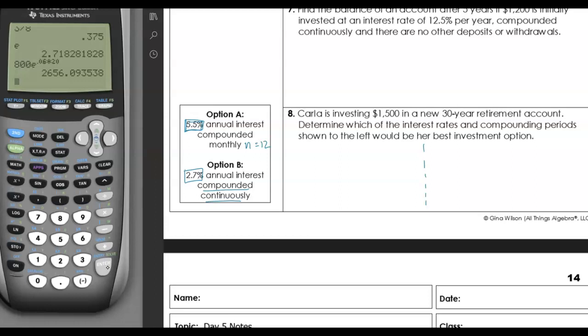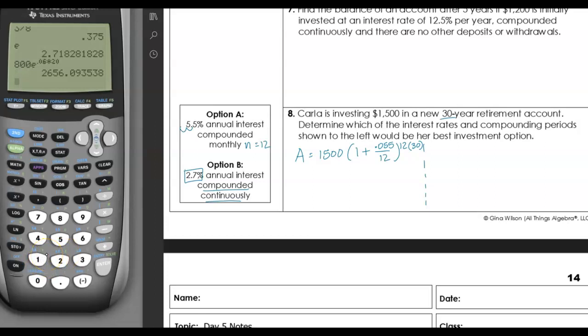So on option A, I'm going to use my normal compound interest formula, not the continuous PERT formula. A equals the initial amount times 1 plus the rate, where I move the decimal place 2 to the left, and it becomes 0.055 over my n, which we already determined was 12, raised to 12 times the time. This is a 30-year retirement account, so I want to know how much money I'll have in 30 years.